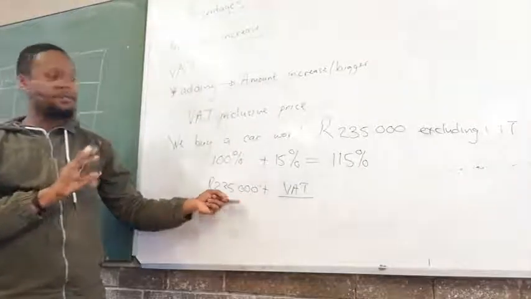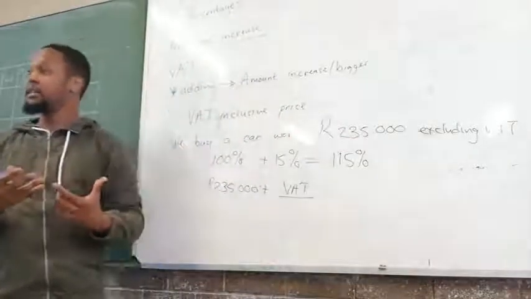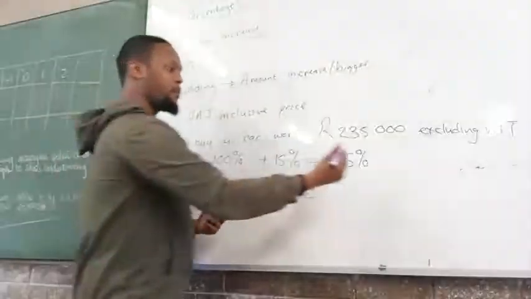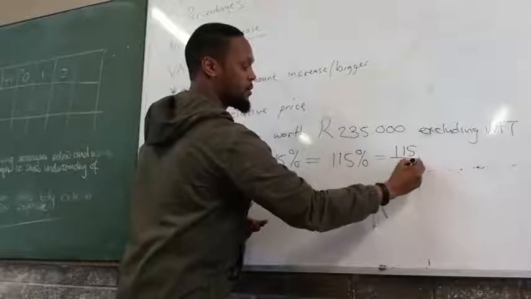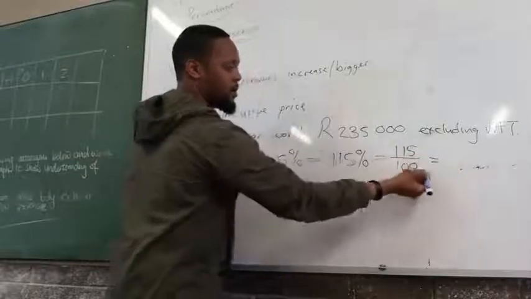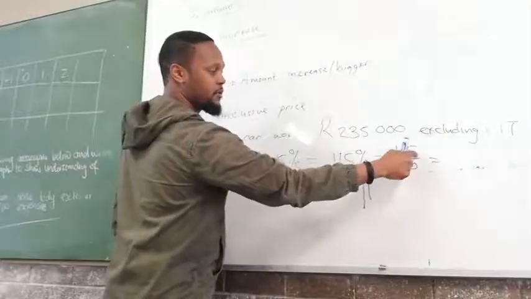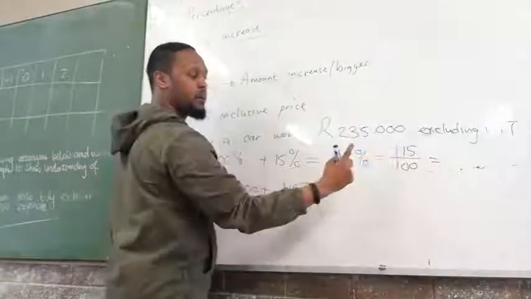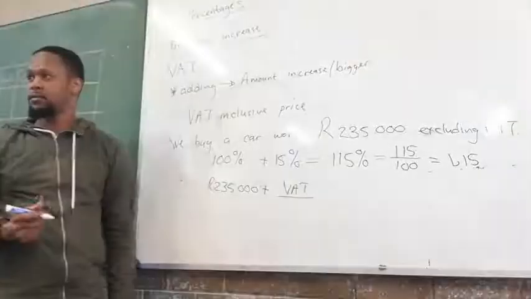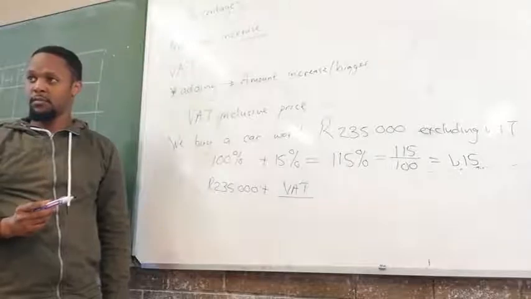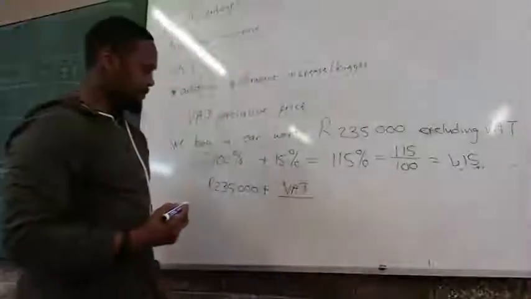From this 115%, we go back to the basics of percentages. When we get a percentage, what do we do with the percentage? Over 100. Write it as a fraction. And then we say divide, comma is going to move left 2 places. So from the end, 1, 2, in between the two ones, so it's 1.15. So when we are going to work with the 1.15, that is our factor.